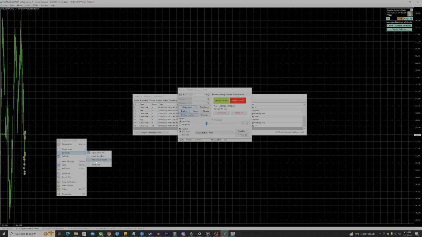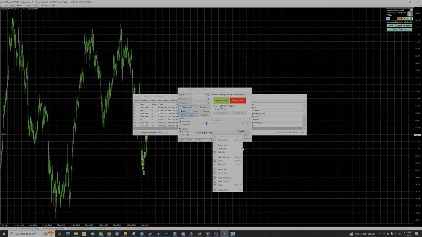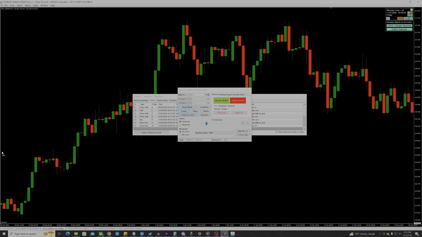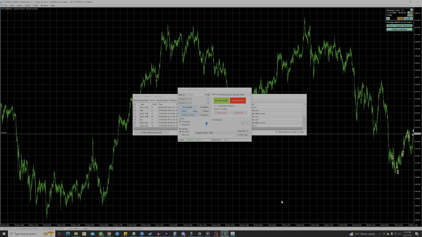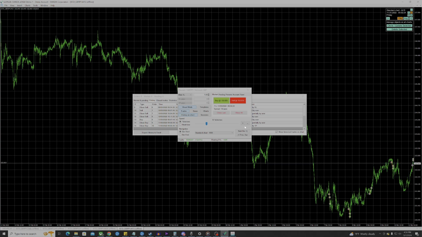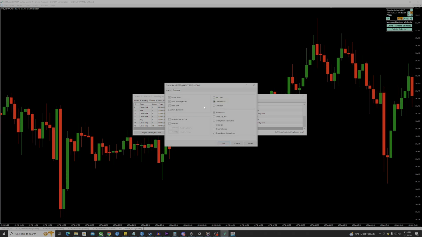Now I am going to do my best chart template. I call it best chart because, for me, it's the best way to look at the chart. It's pretty customizable, obviously. We gotta do it for each one. I'm gonna be using the 15-minute because I'll be using that for risk management.